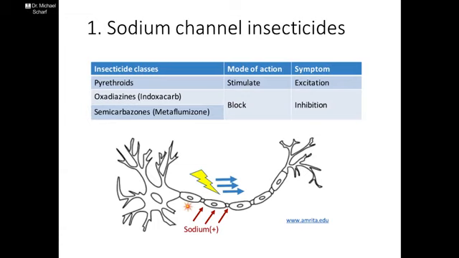It's the basis for the electrical energy that's actually moving along the neurons. And so these insecticides actually disrupt the sodium channel and either stimulate it and cause excitation in the insect, in the case of pyrethroids. Right, that's why we can look at a pyrethroid poisoned insect and see that it's shaking. It's because its nervous system is being stimulated. Whereas these other two groups actually block the sodium channel, and that leads to inhibition.